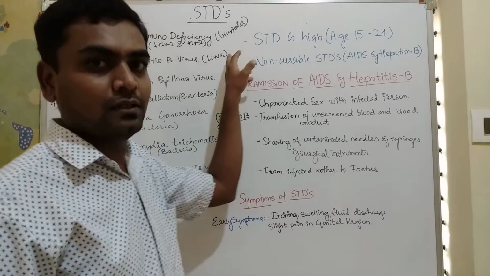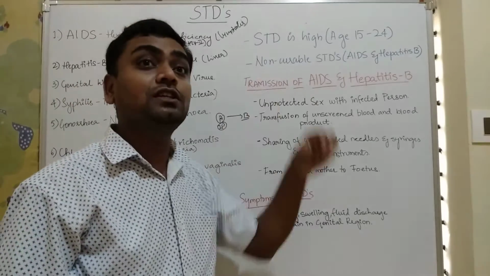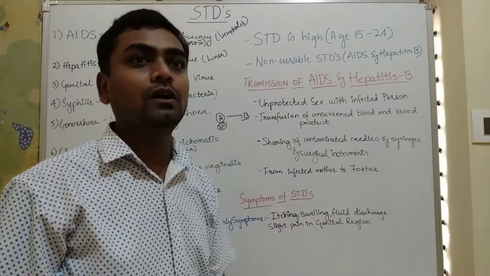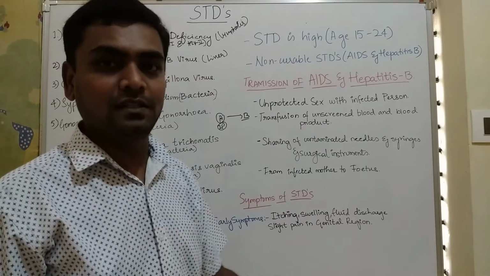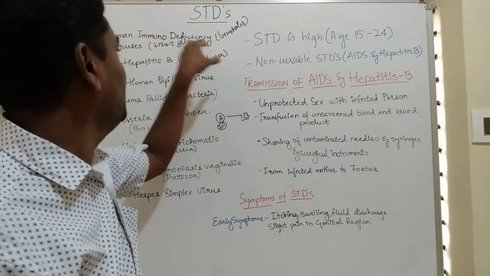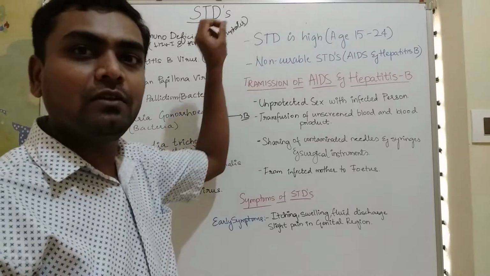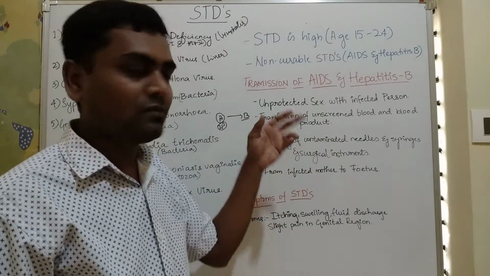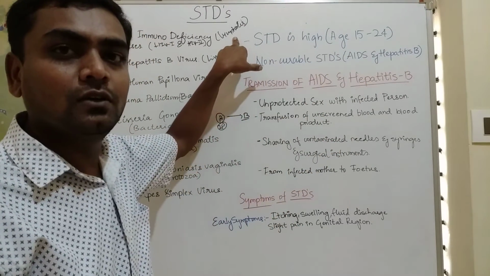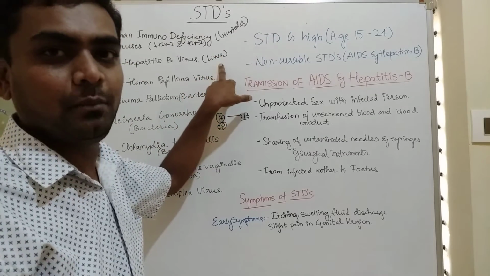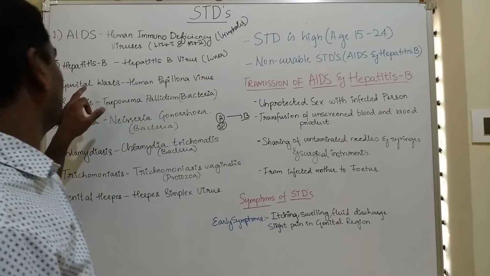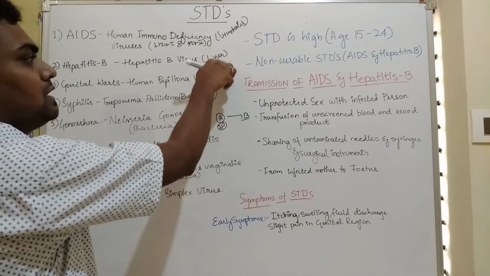It will not affect them. But the origin of transmitting the STD disease is from there only, but the site of infection is somewhere else. It is lymphocytes for AIDS, and mainly the liver for hepatitis B.